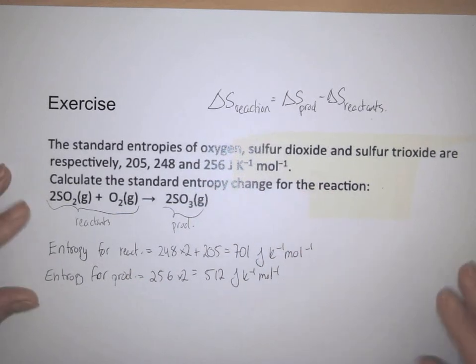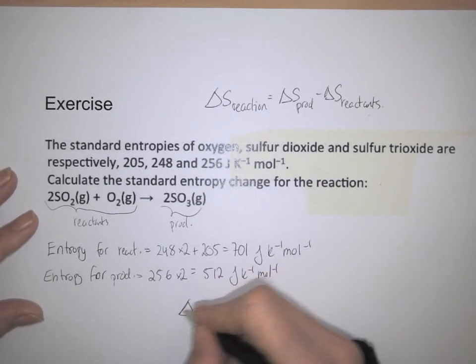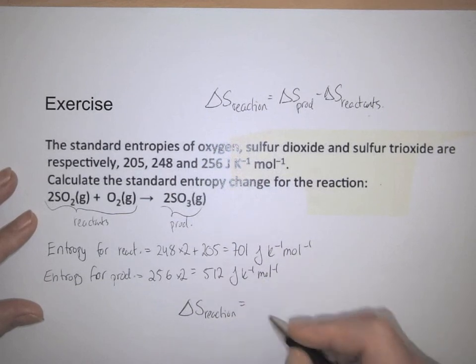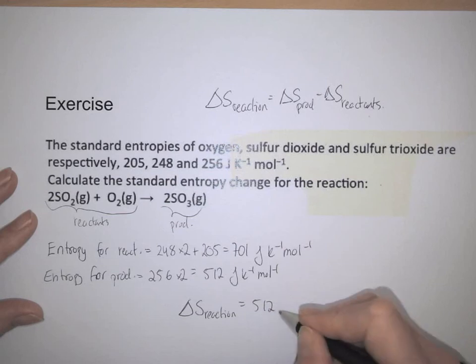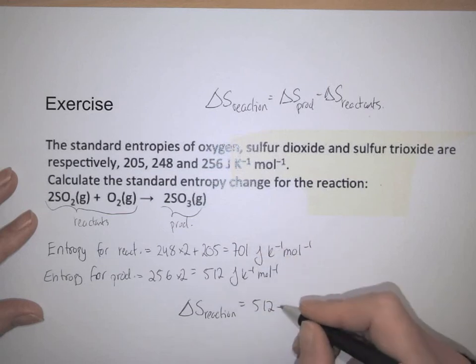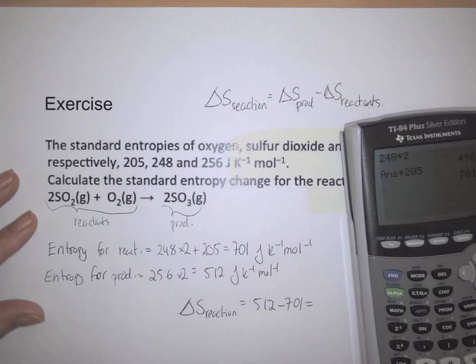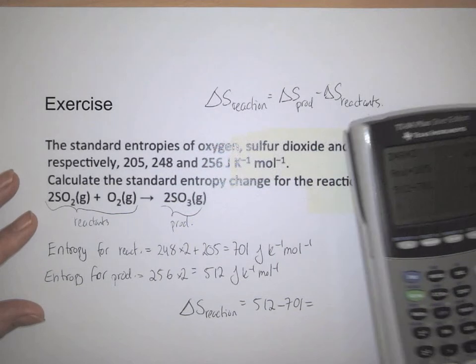Now we're going to use the equation to calculate the delta S for the reaction. So we take the products, 512, minus the reactants, 701, which gives minus 189.